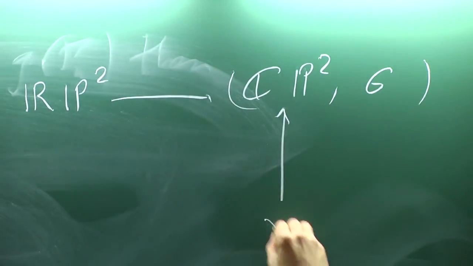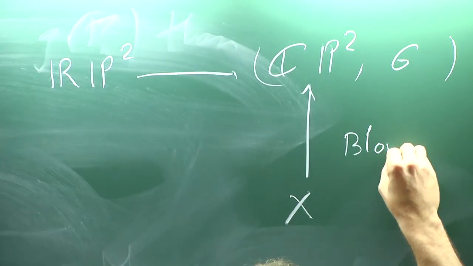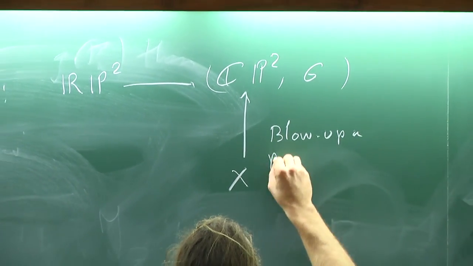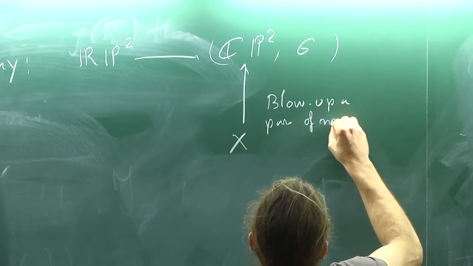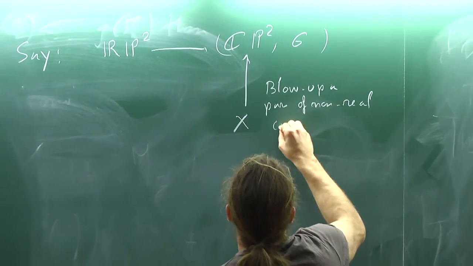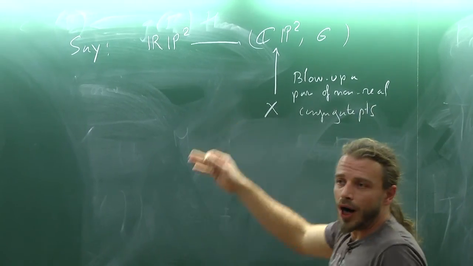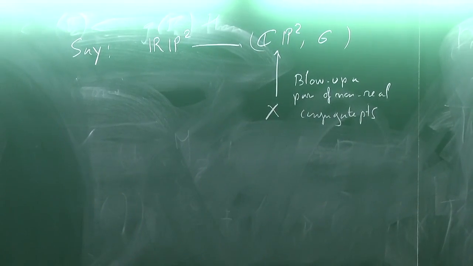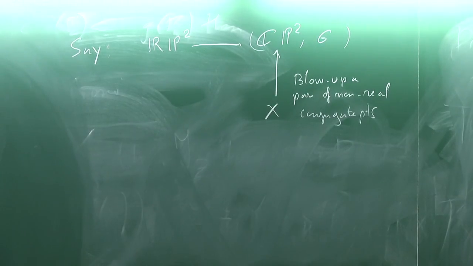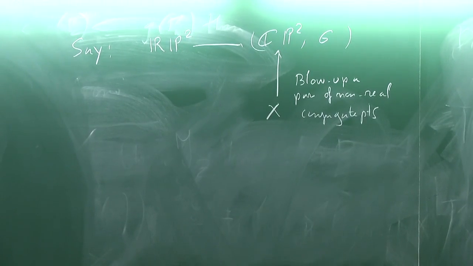And what we do here is blow up a pair of non-real conjugate points. So I'm blowing up an orbit of the real involution.